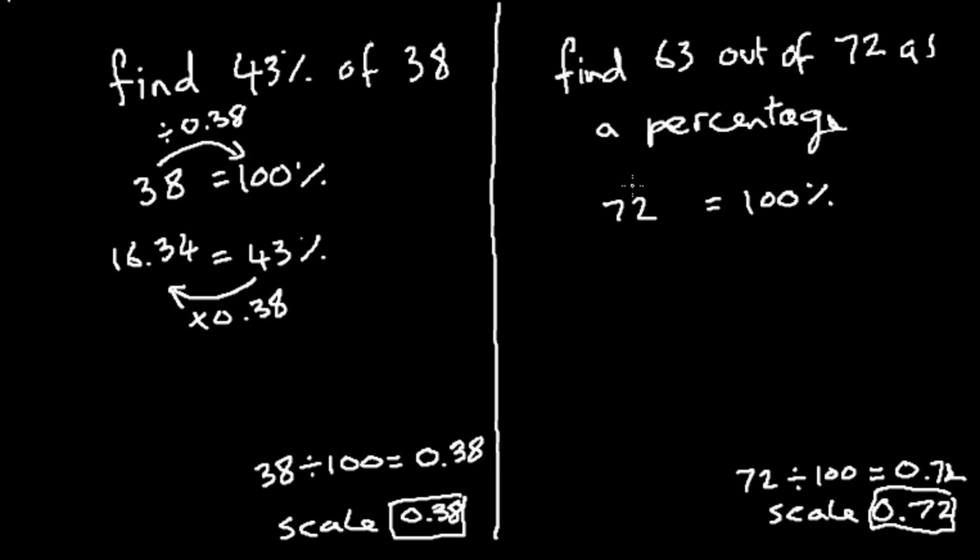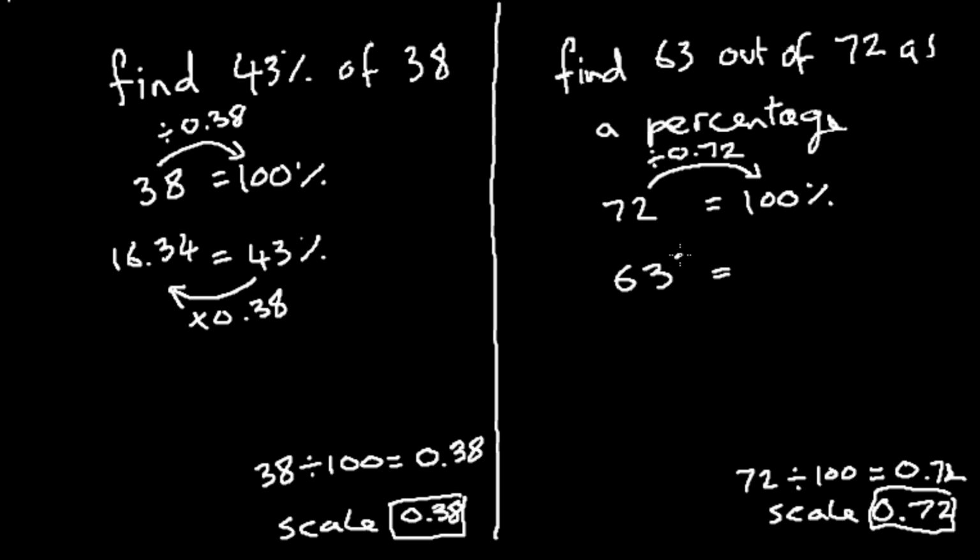And again, so if you take 72 and you want to change it into 100, you know that if you times it by a number less than 1, it's going to actually get smaller. So in this case, we divide by 0.72, and that will make us go up to 100. And this time it's this side that we know already, so we know that this is 63.